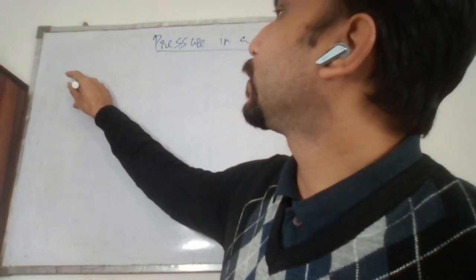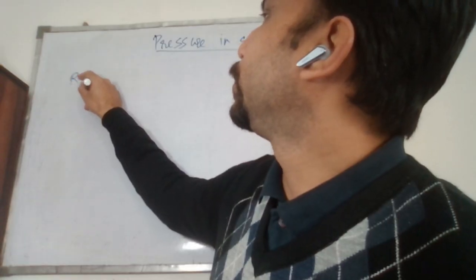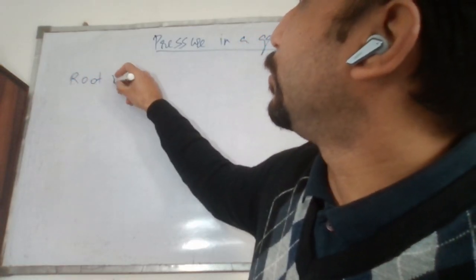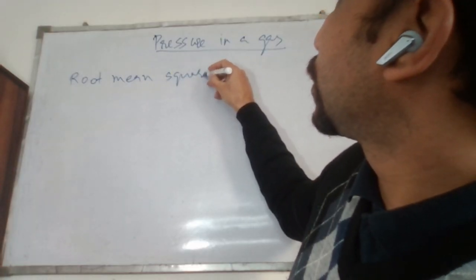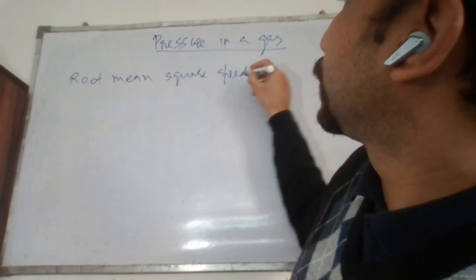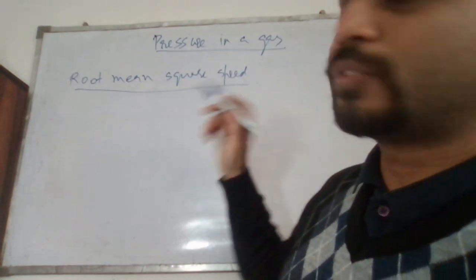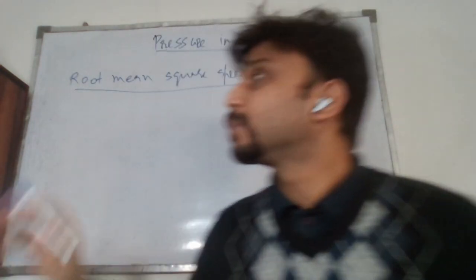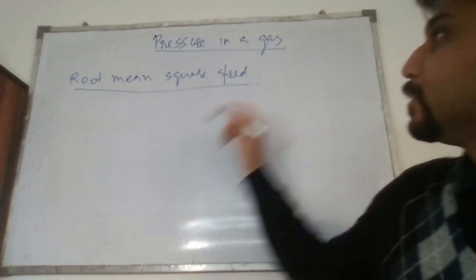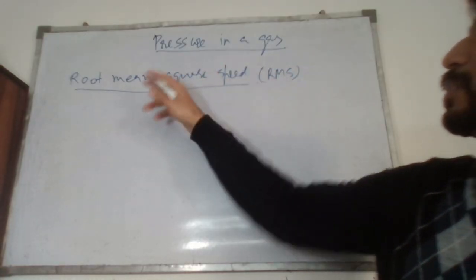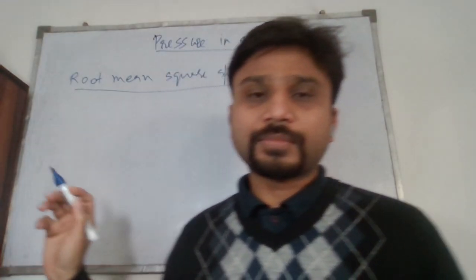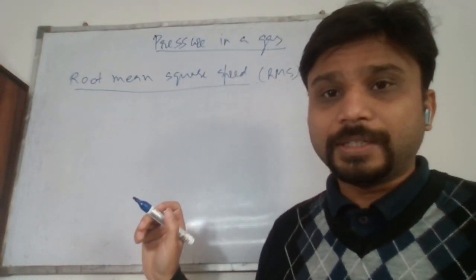So we define a quantity called root mean square speed for a gas particle. This RMS speed, in short, is called RMS speed.